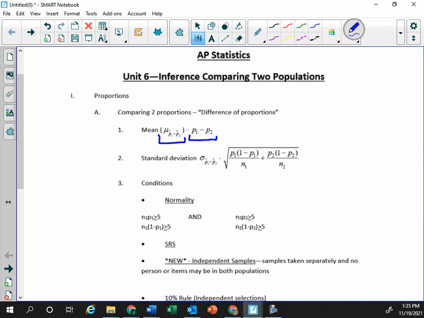To remind you of what this is related to, back when we did 1 sample proportions, the mu of p-hat was p, and the sigma of p-hat was the square root of p times 1 minus p over n. You guys remember those?